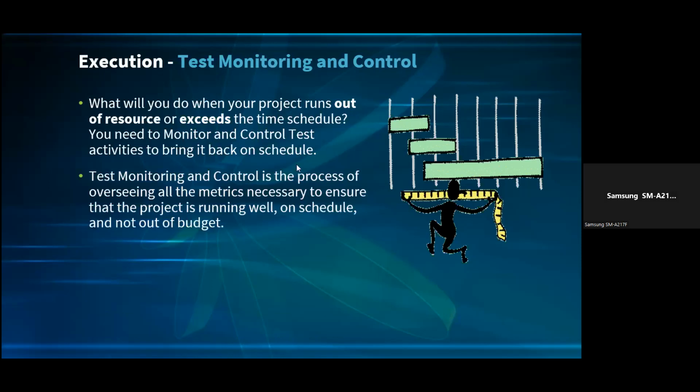Test monitoring and control is a process of overseeing all the metrics necessary to ensure that the project is running well, on schedule, and not out of budget. So all those things have to be put into consideration. Hence the reason for test monitoring and control, so that we are sure we are overseeing all the metrics, how this is going.